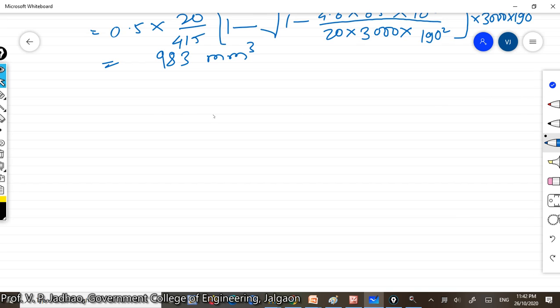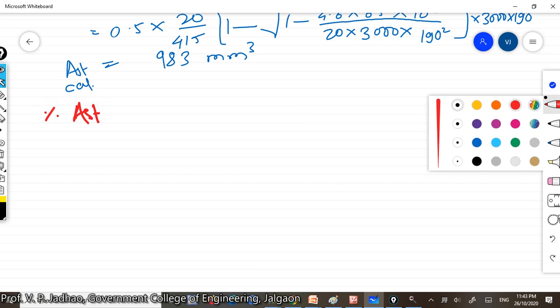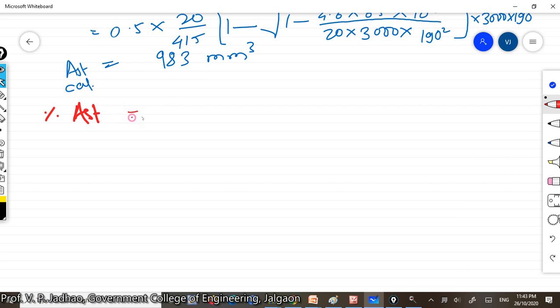Now we will calculate the percentage AST. This is our AST calculated. The formula for calculating percentage AST is AST divided by b into D multiplied by 100.